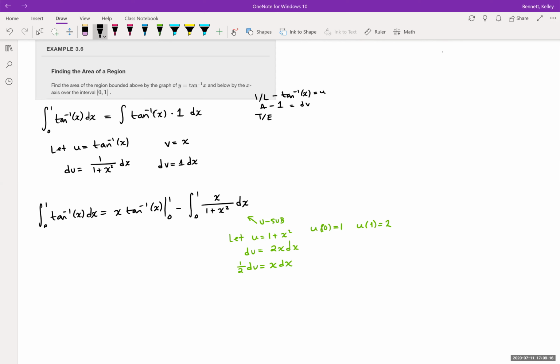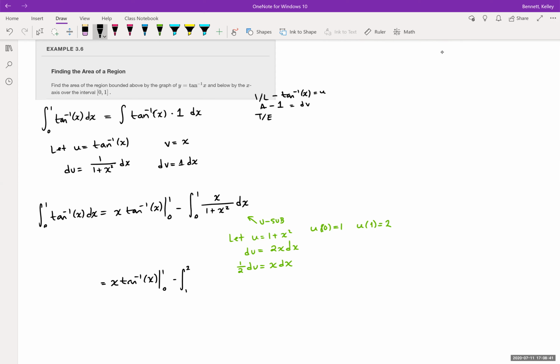So now what I'm getting is x arctan x. These limits of integration didn't change because I'm not messing with this guy. He's already done. I just need to evaluate. I will, I promise. My integral, though, these limits have changed. Because I did my u substitution, they will now be from 1 to 2.